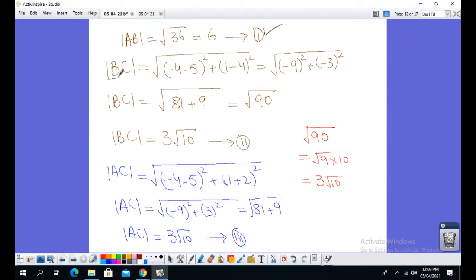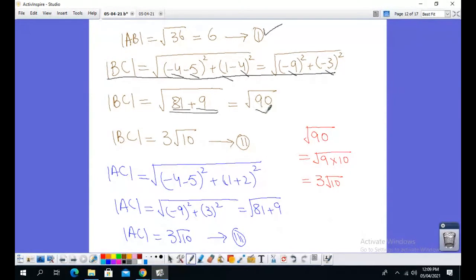In a similar pattern, we find the distance between B and C. If you see on the screen, we have x2 minus x1, y2 minus y1. After simplifying, minus 9 squared and minus 3 squared, the square of a negative number always becomes positive. That's why minus 9 squared becomes 81, and minus 3 squared becomes 9.